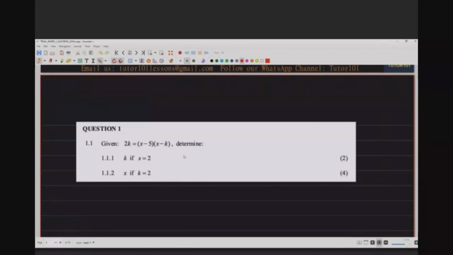Right, so the marks here always give you an indication of the time you should be spending per question. Right, so this is a 2-mark question, meaning that we do not expect to spend that much time answering it.